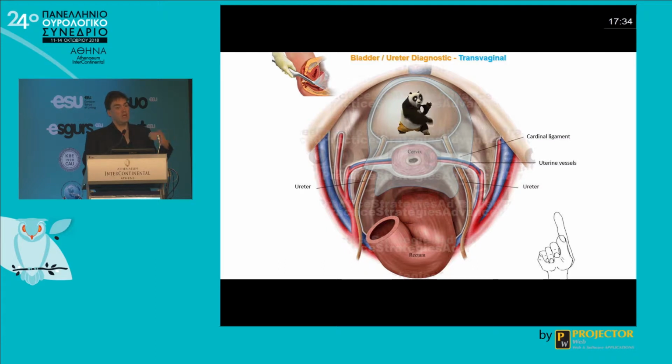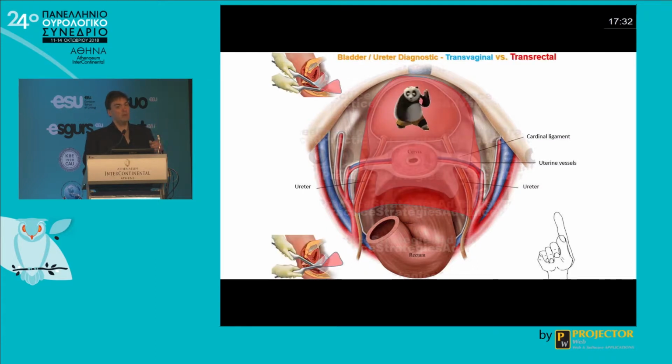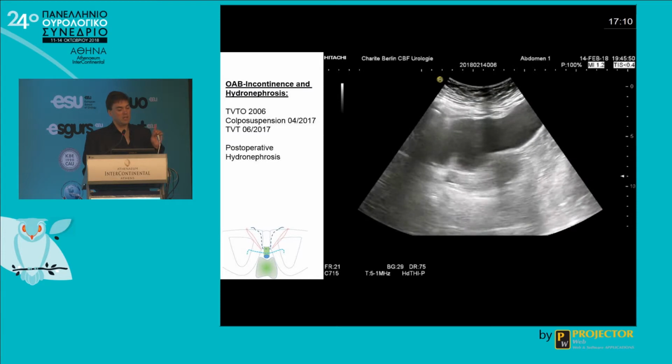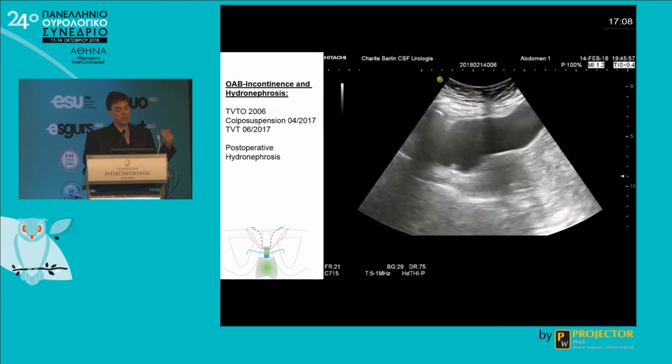In male or female, a better view, as we are urologists, is transrectal. So you can see the total ureter up to the vessel border. This is really important, because we now have the chance, without any MRI, CT scan or X-ray, to see the ureter exactly.